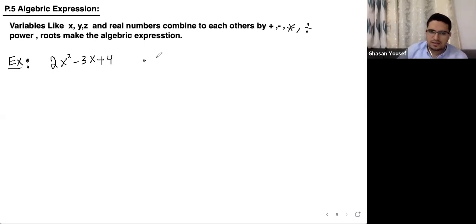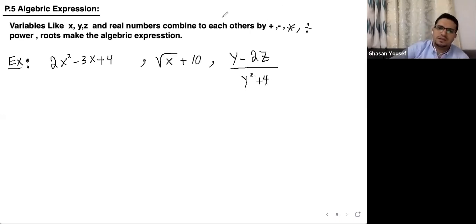Another example is the square root of x plus 10. This is an algebraic expression because I have the square root of x plus 10. Another one is, for example, y minus 2z over y squared plus 4, and this is also an algebraic expression.